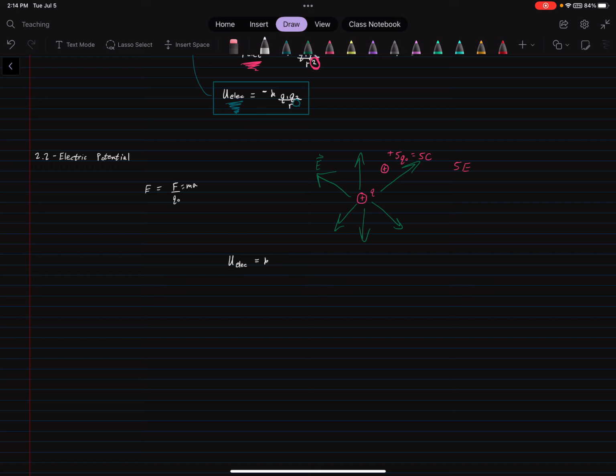Equal to K Q1 times Q2 divided by R. Then we might consider the exact same concept of what is the electric potential energy on a per unit charge basis. So we have Q1 causing the electric field, and Q2 in the presence of that field. 1 and 2 are chosen arbitrarily there, but one's causing it, the other one's experiencing it, depending on which perspective you care about.